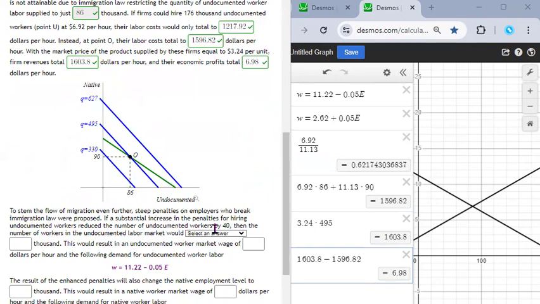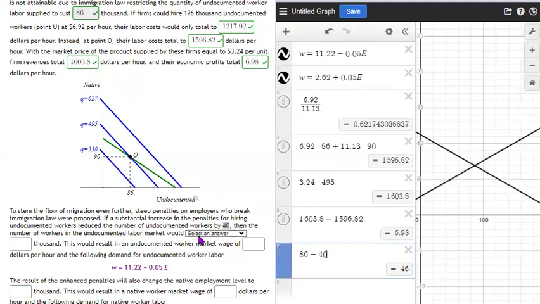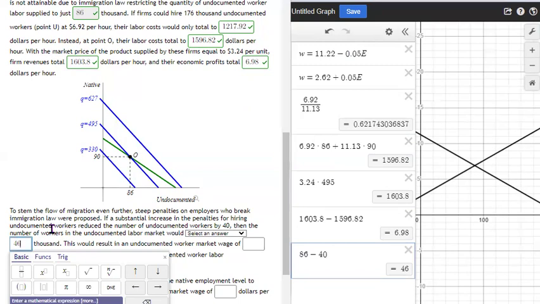So it's going to decrease the number of undocumented workers from 86 by 40, right? So we got to subtract 40 from 86. So we end up with 46,000 undocumented workers, right?